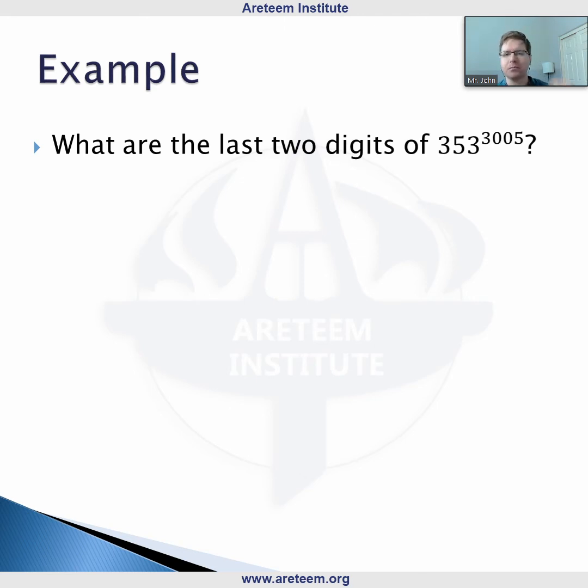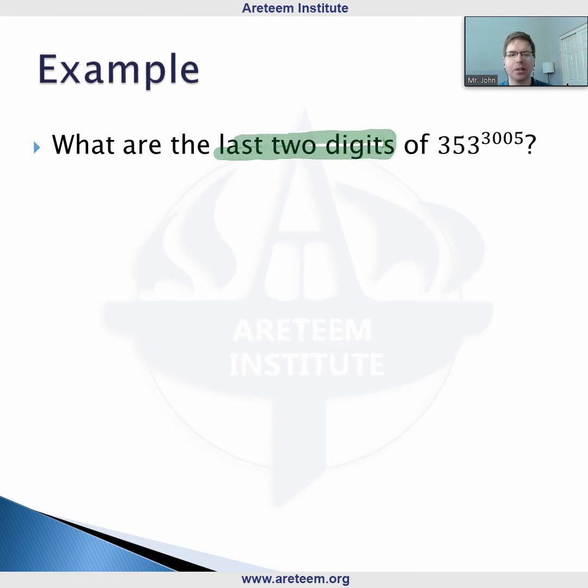But what are the last 2 digits of 353 raised to the 3005th power? Of course, you don't want to actually calculate this, and we want to be thinking here, well, what does last 2 digits mean?